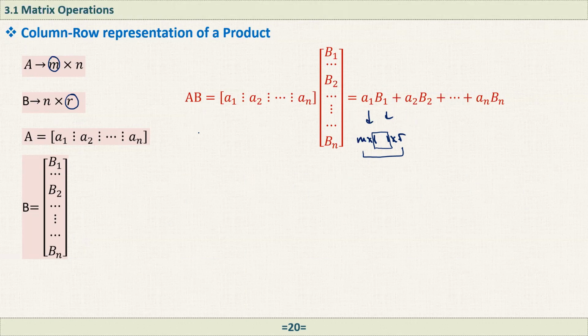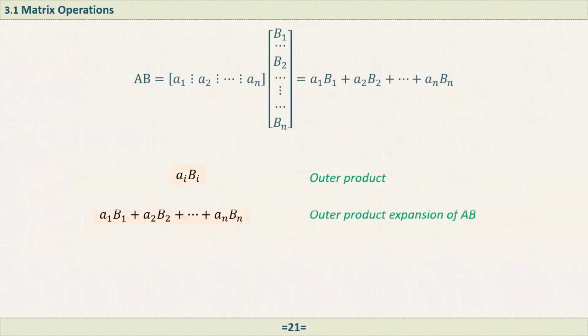That is also another way of multiplying two matrices. So these are the columns, these are the rows, and that is A1 times B1 plus A2 times B2 plus, and so on, AN times BN. Okay, and actually this one has a special name, this AIBI. Each term, each matrix here, is called an outer product of these two matrices.